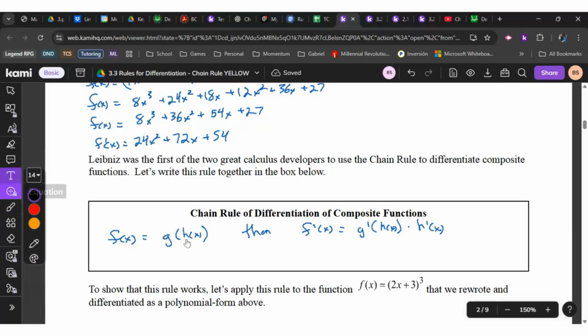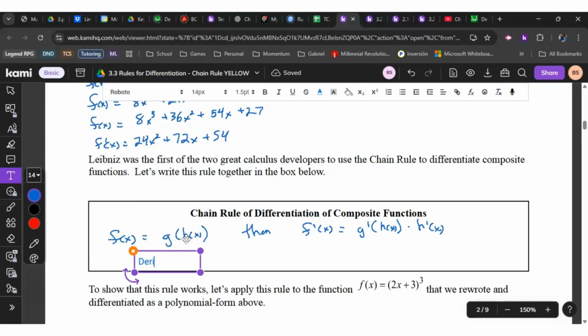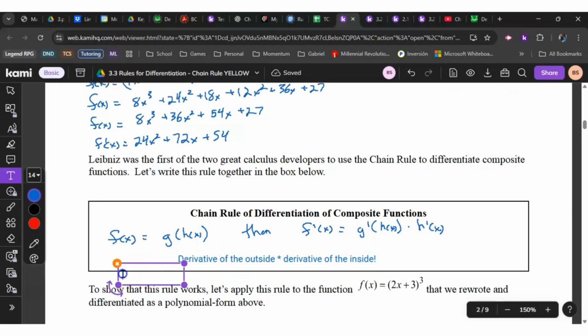What's an easier way to say that, or help you remember it? This is the derivative of the outside times the derivative of the inside. That's the way you're probably going to remember this one. Does that make some sense?